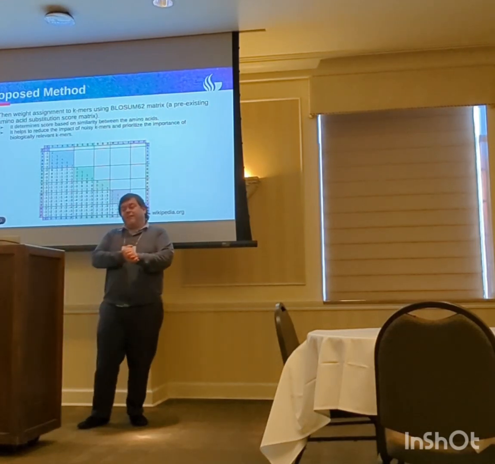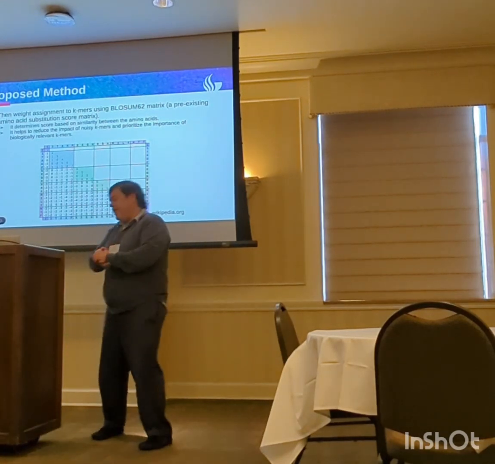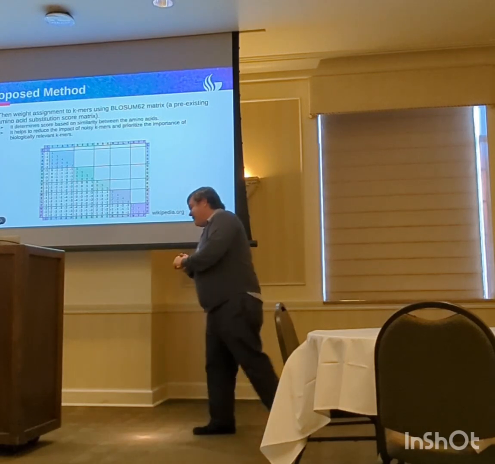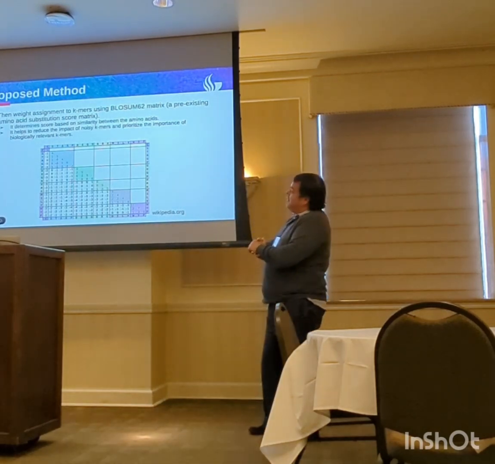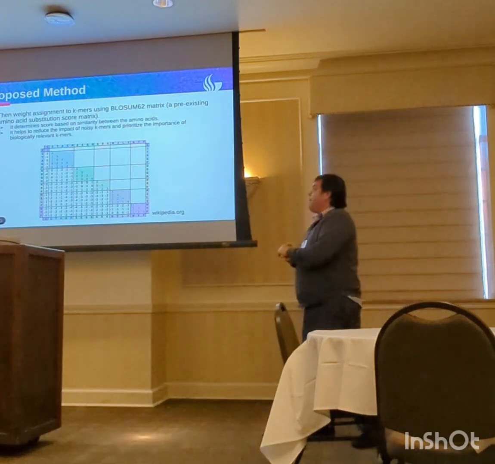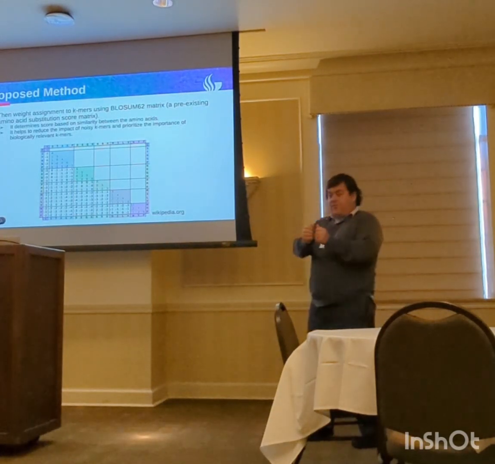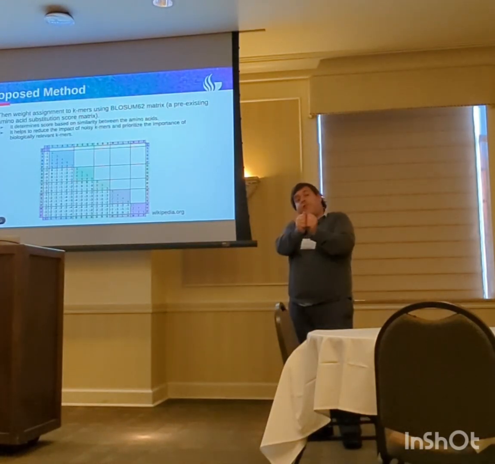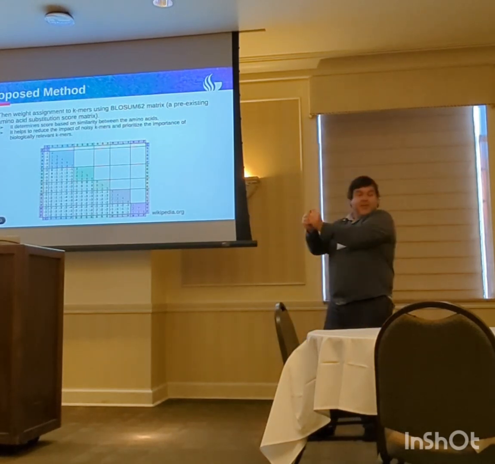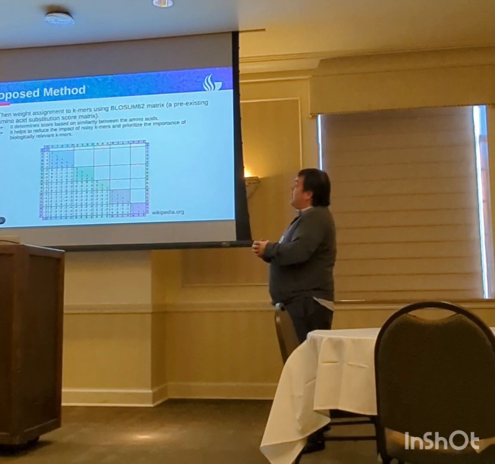To be honest, I don't fully understand the point of this, but it's to assign a weight: you take a k-mer and run a window of size 2 over that k-mer and produce BLOSUM scores for neighboring amino acids in this k-mer.